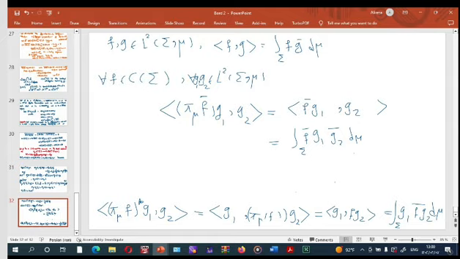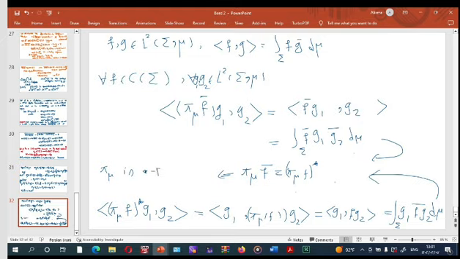This shows that P mu f bar equals P mu f star, and this shows that P mu is star preserving.